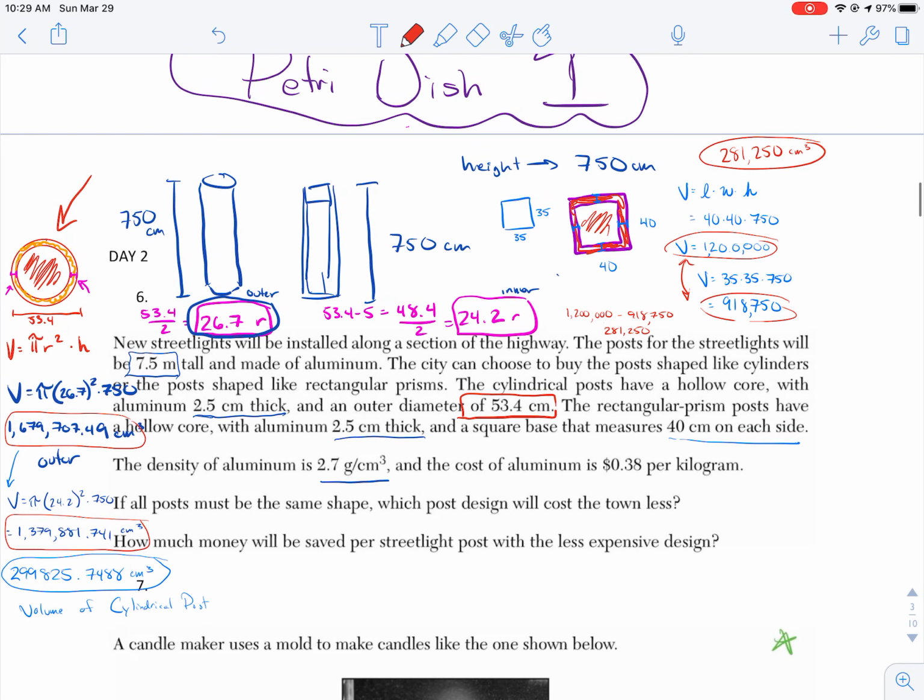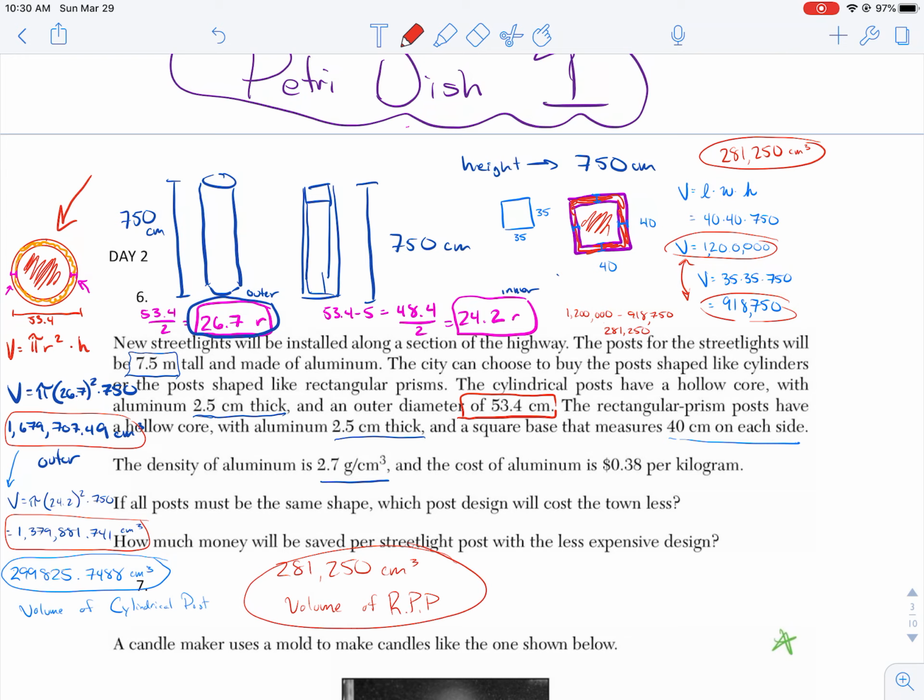Alright, so let's gather our answers here. So, I'm going to drag this down to the bottom. 8150 centimeters cubed. Okay? And this is the volume of the rectangular prism post.